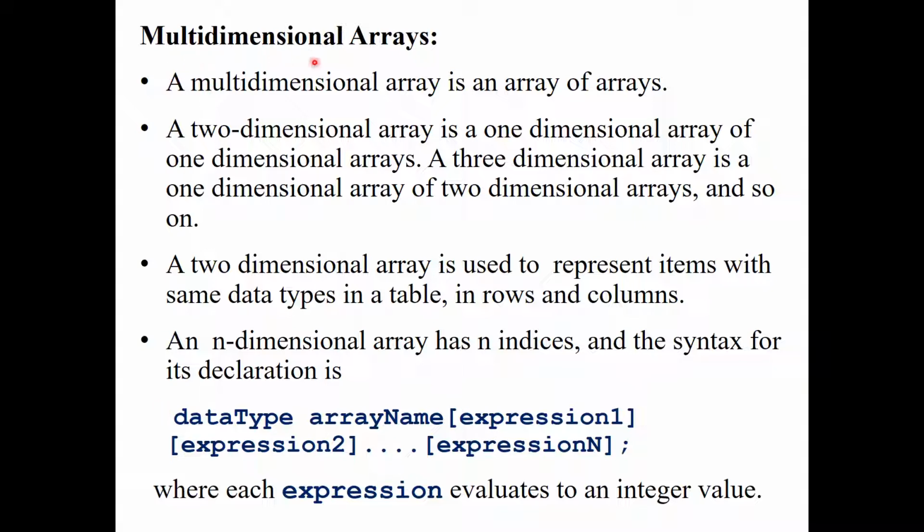What are multidimensional arrays? Why do we need multidimensional arrays? Like in the last class, we discussed one-dimensional arrays, where you have several variables of similar type grouped together. So like marks of a student.